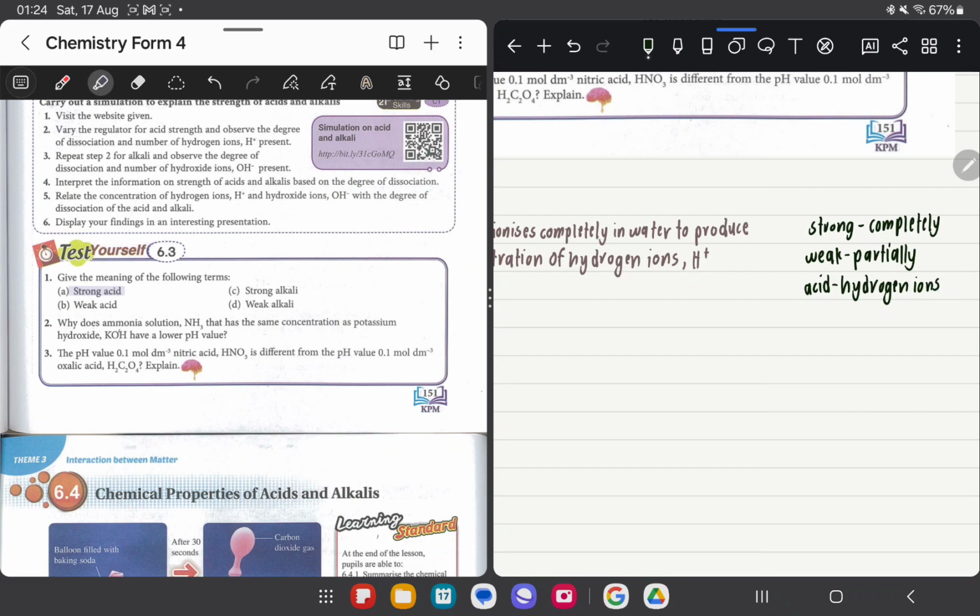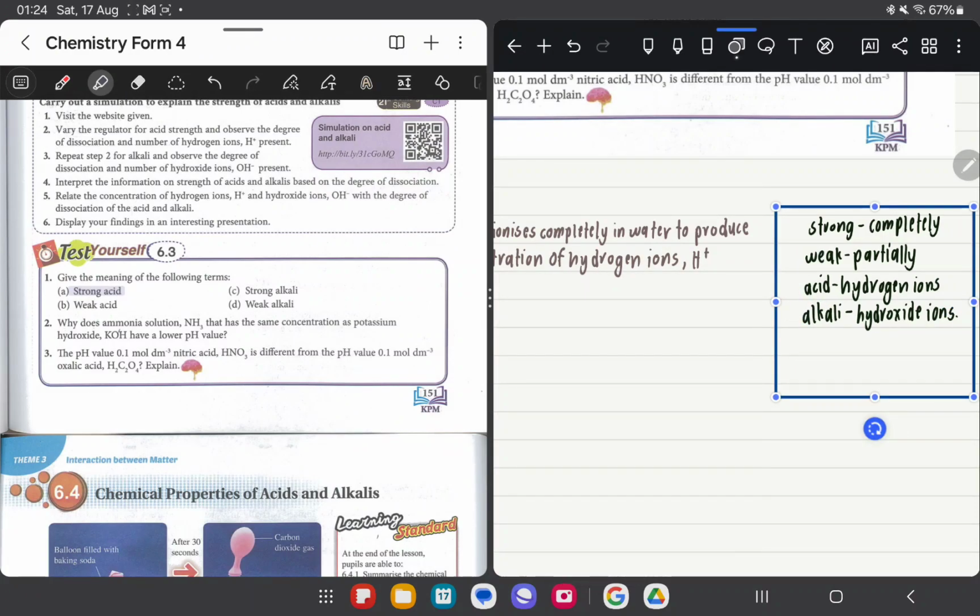And if they say alkali, then the keyword is hydroxide ions. So I put a box. Okay, so this is how the keywords should be.